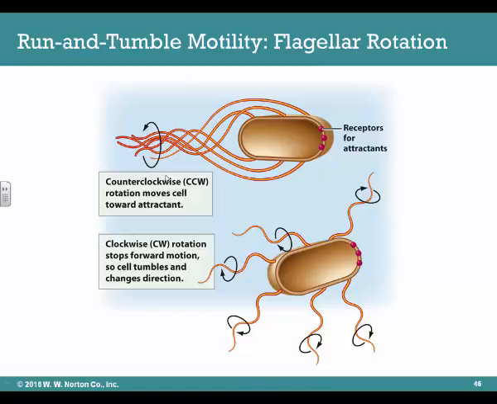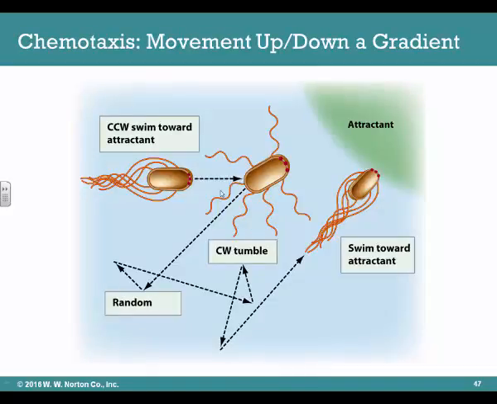And so it's run, tumble, kind of zigzag motion, but eventually the net effect is to get towards the attractant, some kind of nutrient that they need or advantage to their growth and survival. And you can see that depicted here by the arrows. So directional movement in a run, and then kind of random movement in the tumble, and then again directional movement towards the attractant up here in the upper right corner.